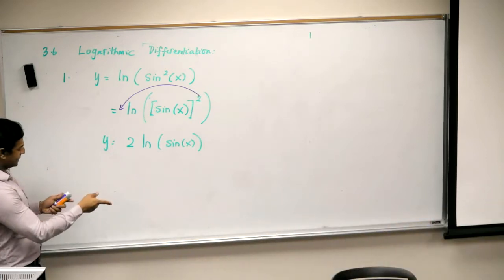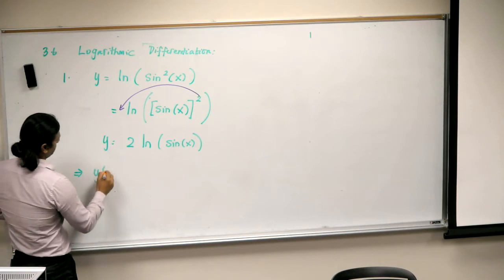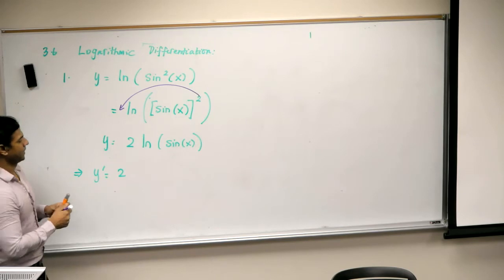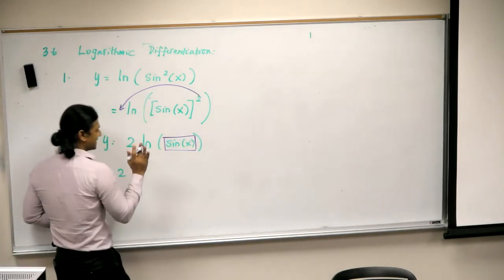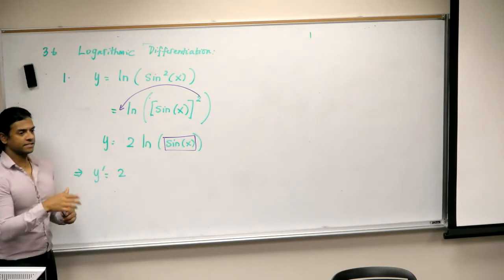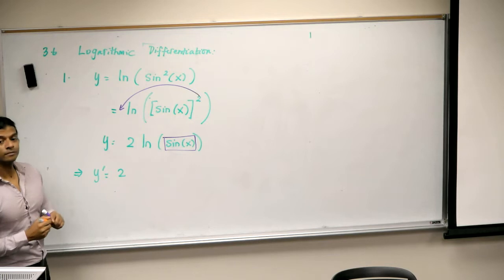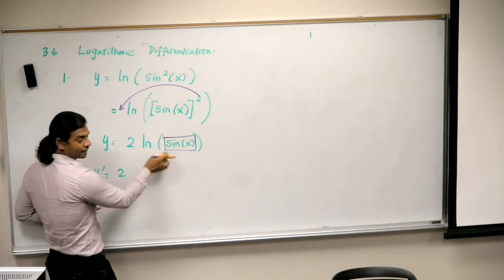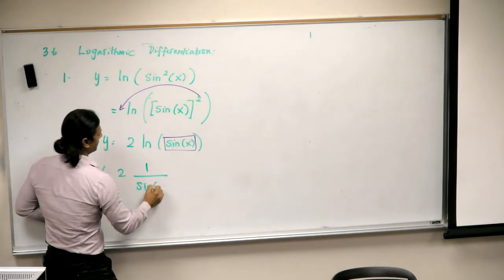We can now take the derivative. Two as is. If I treat sine x as just x, what is the derivative of ln of x? 1 over x. So 1 over sine x.